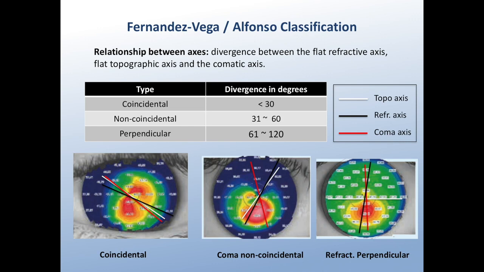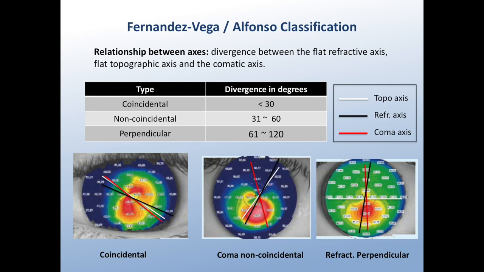Therefore, in a symmetrical keratoconus, the axis of the coma usually corresponds to the axis of the negative cylinder that we're going to correct, but not in all cases, of course. In fact, the comatic axis, which is the one that is found with the aberrometric map, is the third axis. These 3 axes can be coincident.